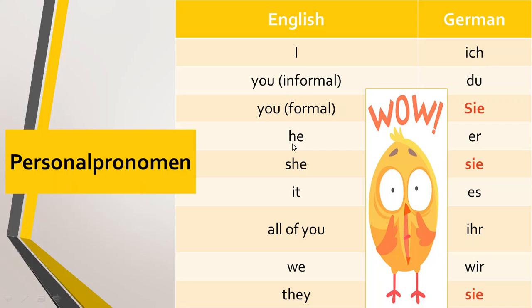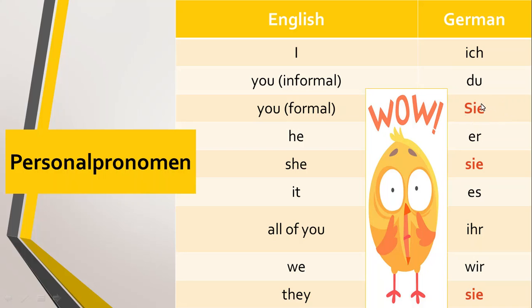Then we have second person singular informal, which is du. So a friend talking to another friend will use du for each other. Then we have the second person singular you formal, which is the word Sie with a capital S in the German language.